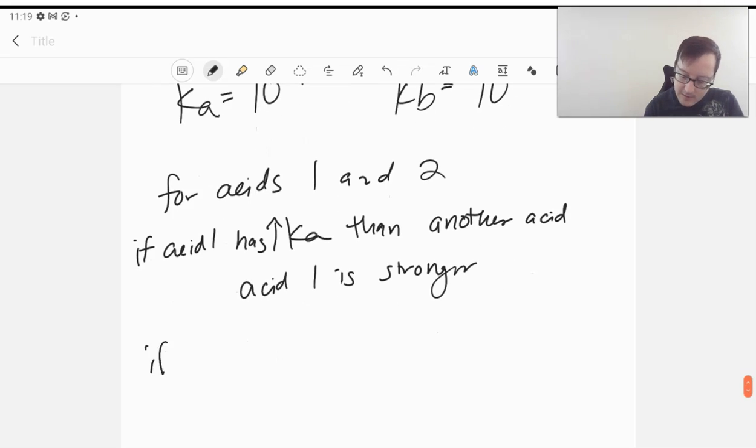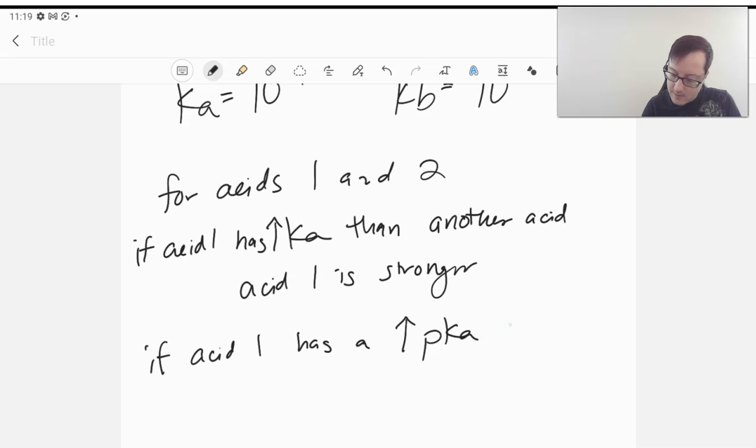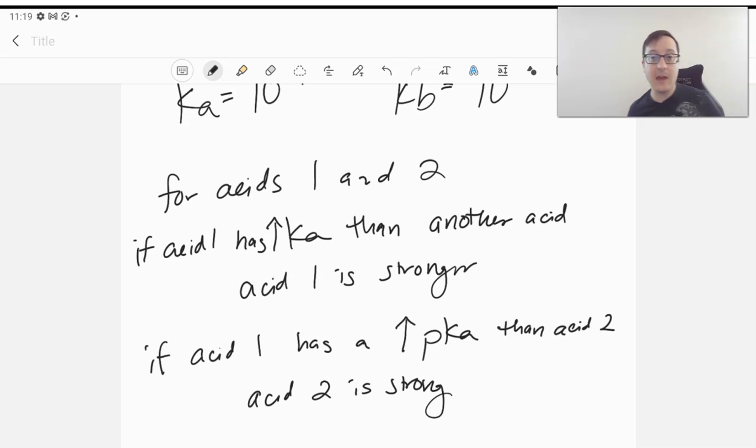And if acid 1 has a higher pKa than acid 2, then acid 2 is stronger. pKa and Ka are opposites.